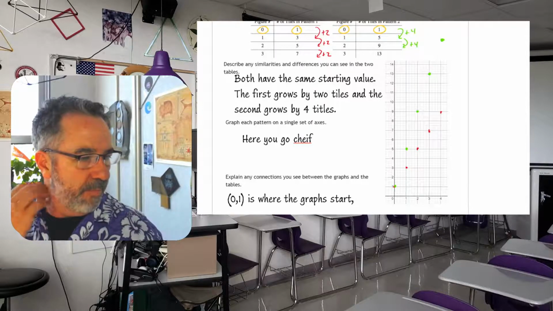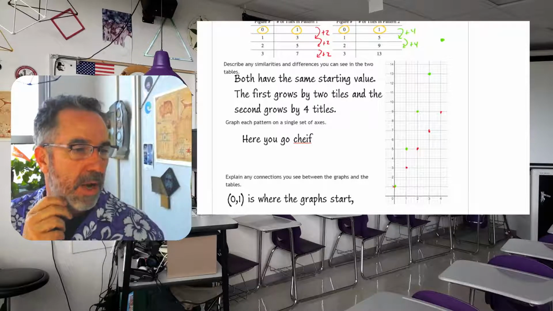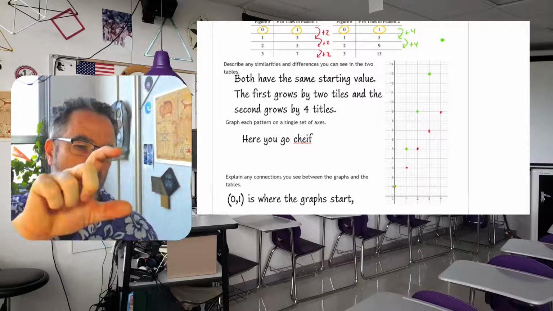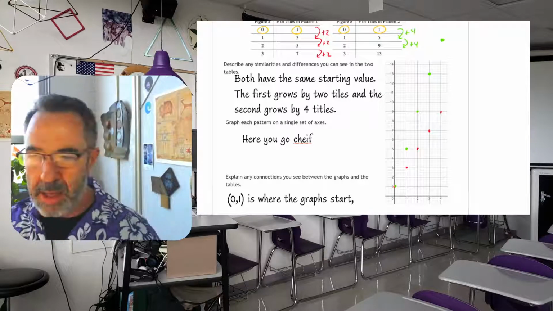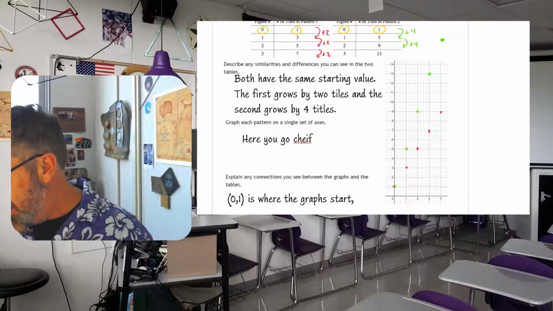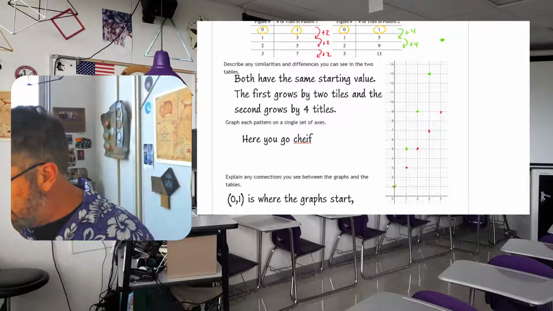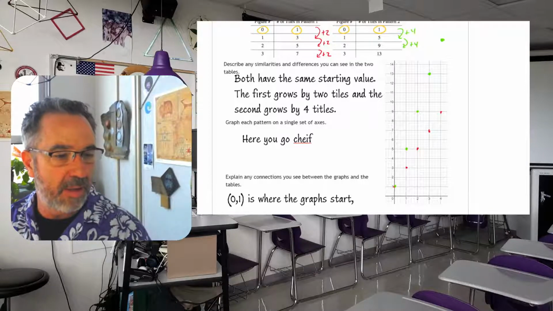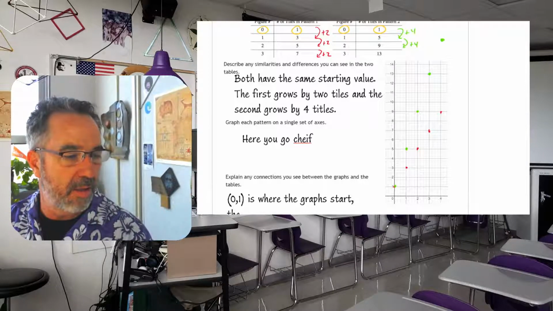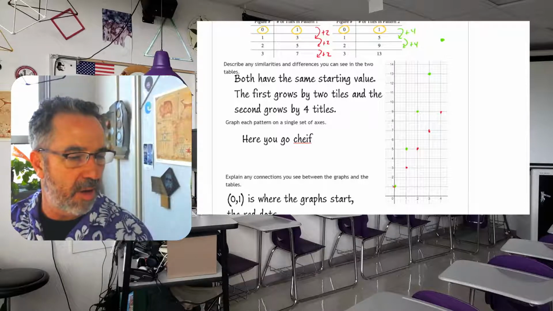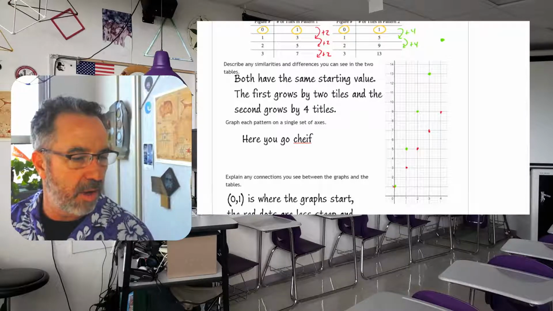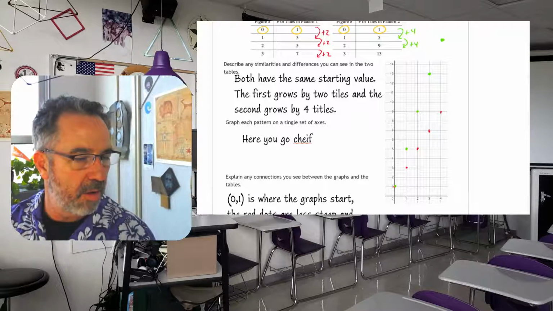And then I can see the growth based on how high it's going each time, right? I've got some notes of things that someone said. The red dots are less steep, and the green dots are, I think someone said, twice as steep.